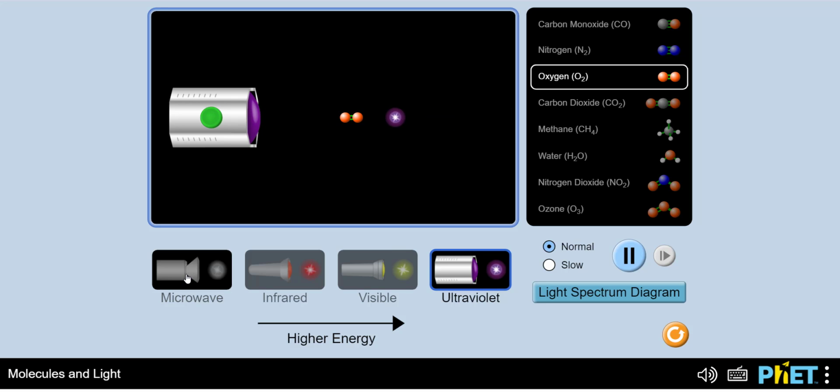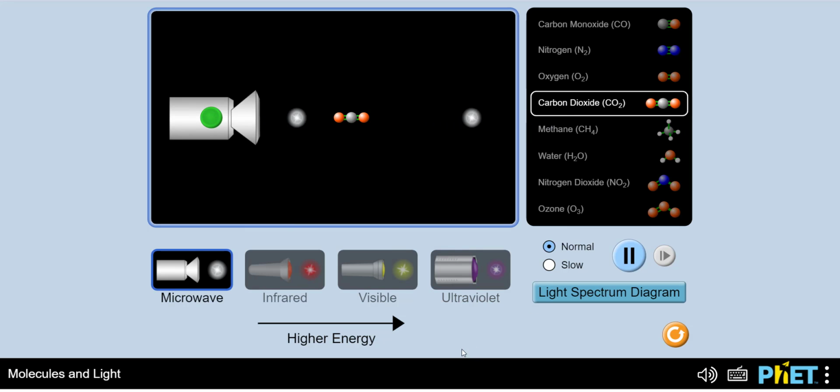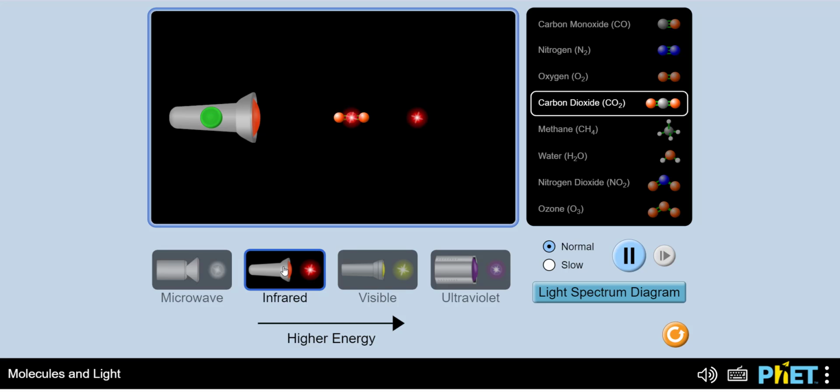Okay, going to go back to microwave again. And carbon dioxide molecule. Now infrared. Visible light. Ultraviolet light.